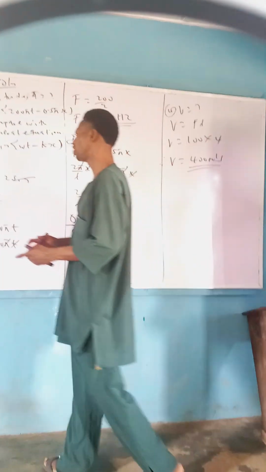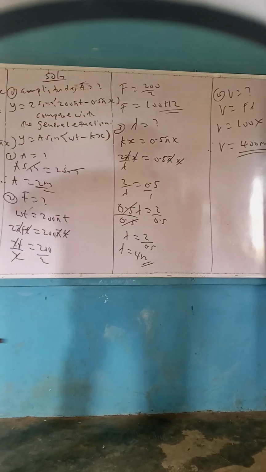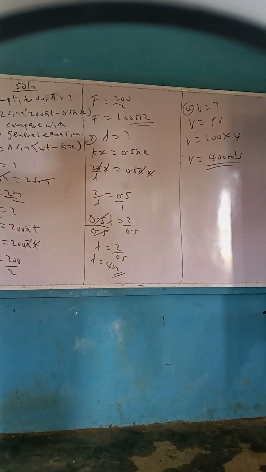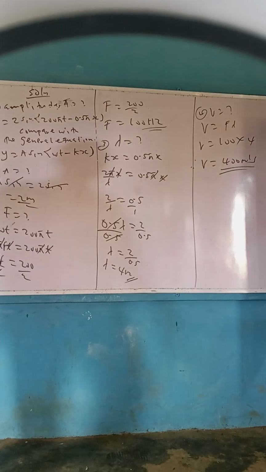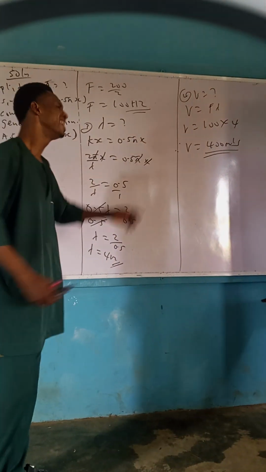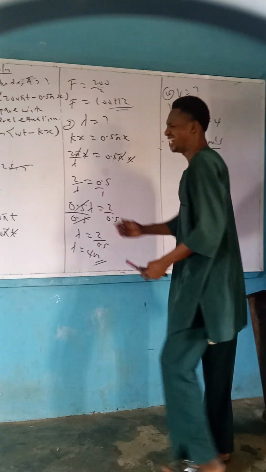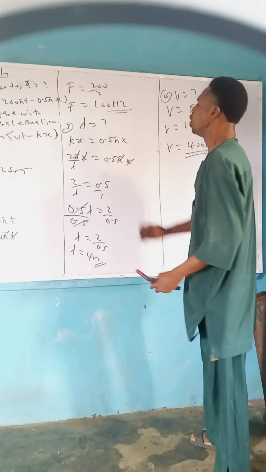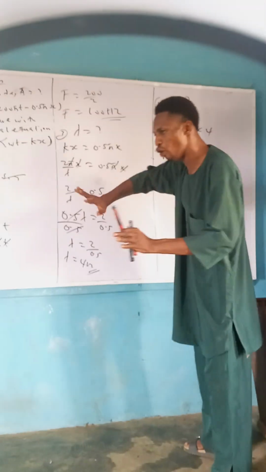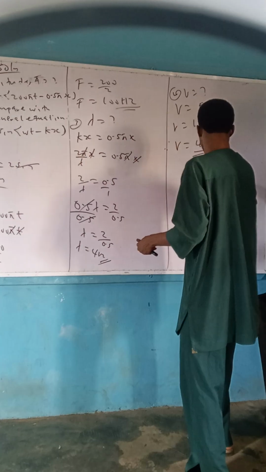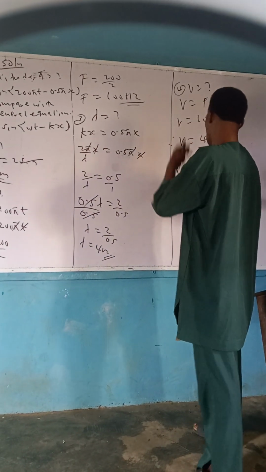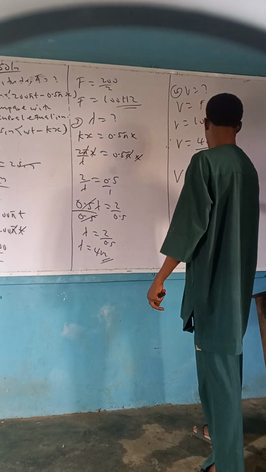Please, before I stop, let's assume this question is an objective question, and the first thing you have to calculate is the velocity. I don't want to go through this whole process before I calculate velocity. Let me give you another formula, a sharper formula that you don't need to solve before you get the answer, assuming it's an objective question. To get the wave speed, velocity equals ω over k.